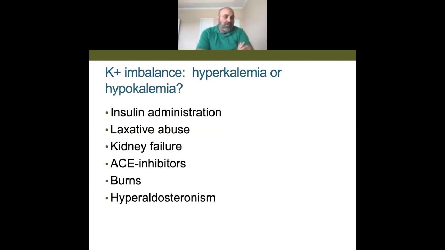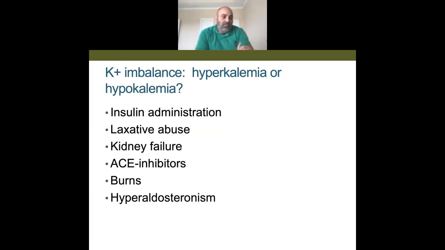ACE inhibitors. ACE inhibitors stop angiotensin I, so you stop making aldosterone, so you don't hold on to sodium. You get rid of sodium. And who's its antiporter? Potassium. So would potassium increase or decrease?